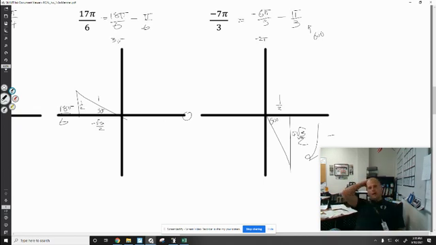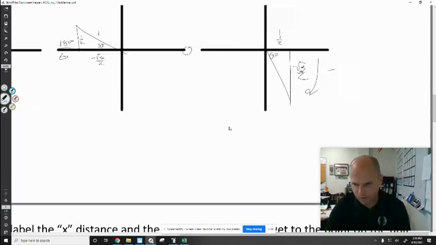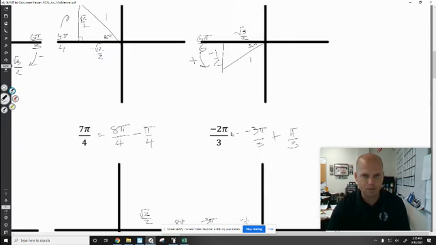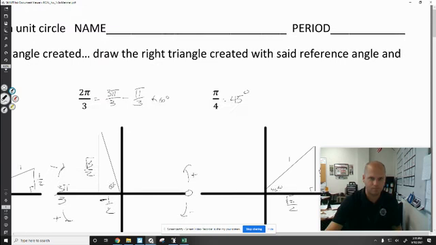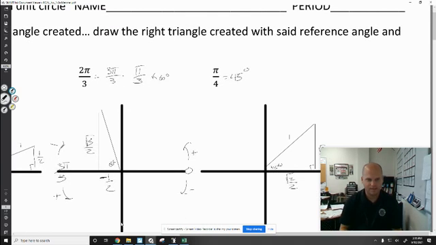Where do these side lengths come from? If you weren't in class, you got to watch the video for where those side lengths come from. But we use the Pythagorean theorem to show that for a 30, 60, 90 triangle, depending on its orientation, it could be taller or shorter.